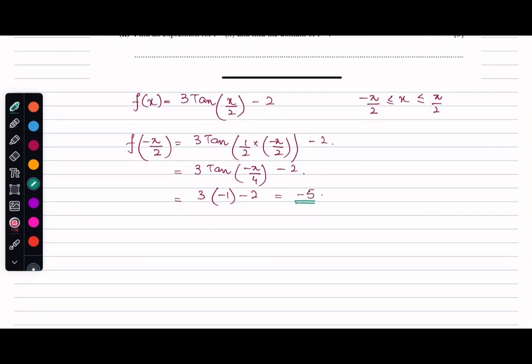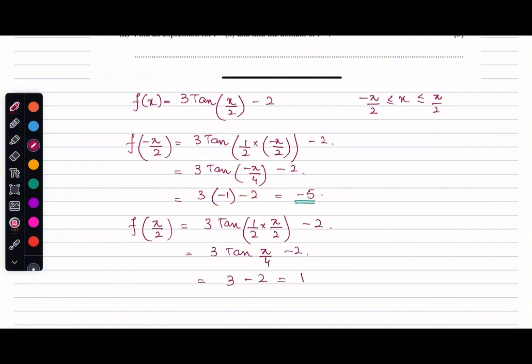In the same manner, if I substitute x with pi by 2, then I will have 3 tan of 1 by 2 times pi by 2 in place of x, and a minus 2. So 3 tan pi by 4, where tan pi by 4 is 1, and then a negative 2. That means I am left with 3 minus 2, which gives us 1.